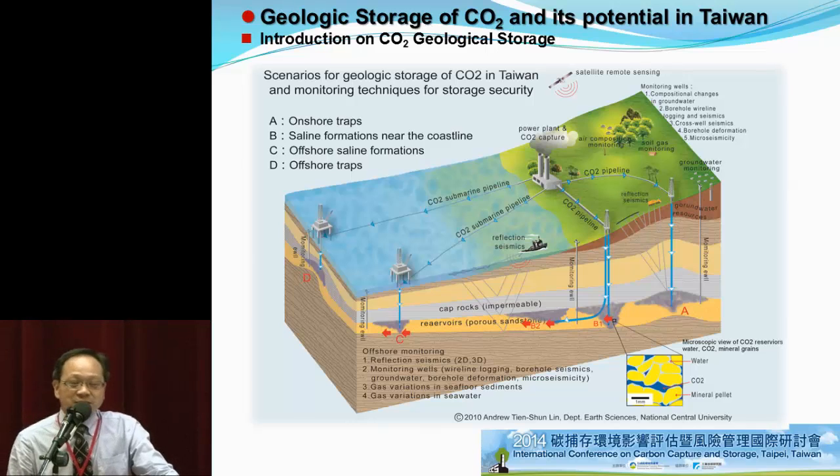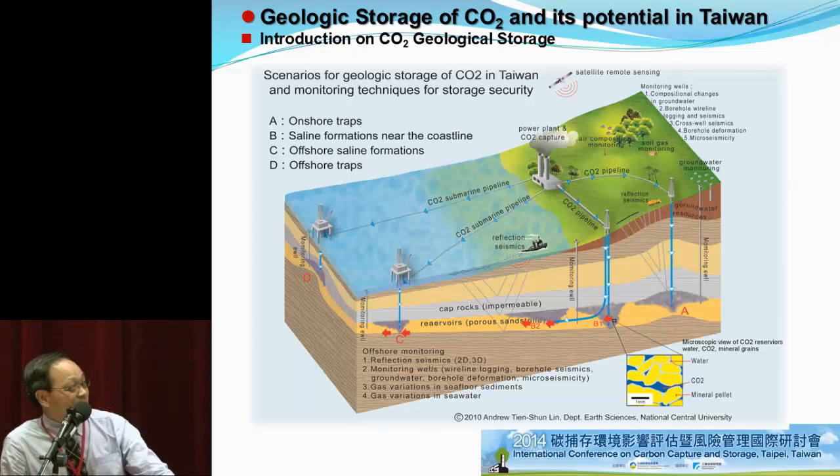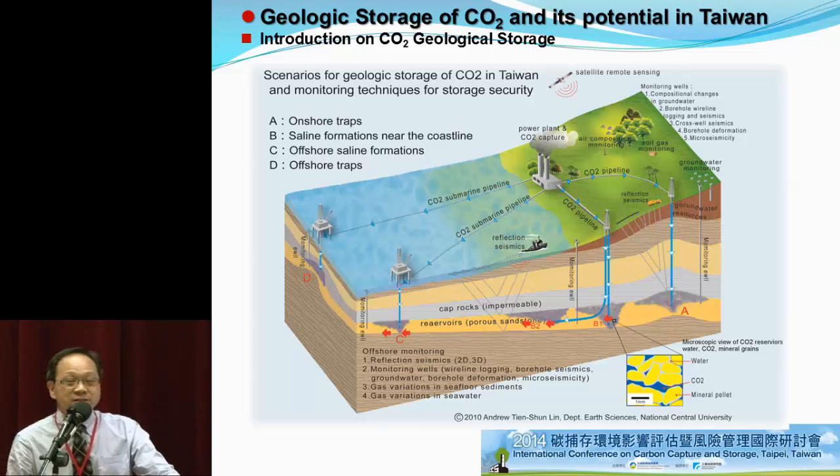So if we store CO2 in the depleted gas fields, this is one option. The other one is that the site may lie just neighboring the power plants. Beneath the power plant we have very thick sedimentary rocks, but the strata are not flat.